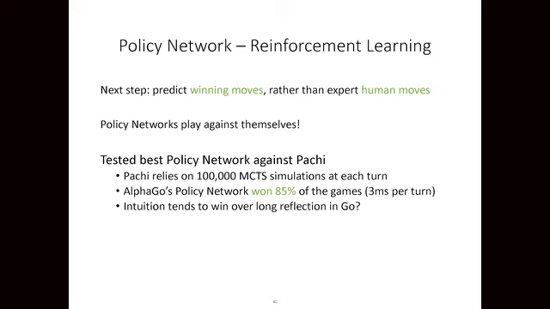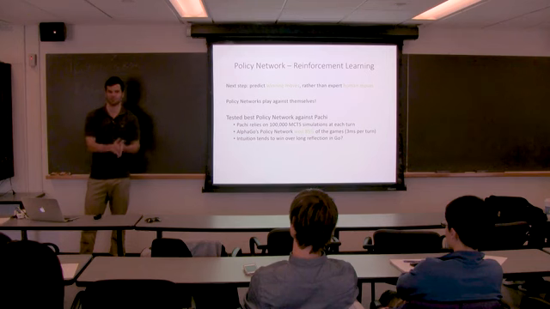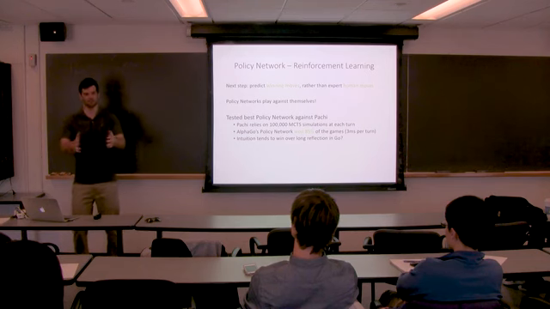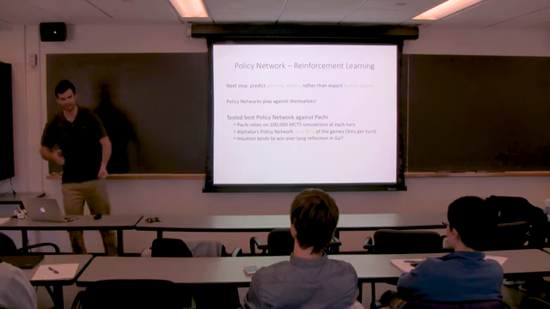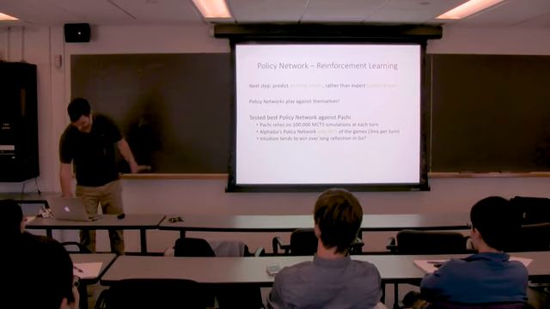So without any sort of tree search or anything involved, it won 85%, which is pretty great. And that suggests that maybe intuition wins over long reflections in Go. And interestingly, if you talk to expert Go players and you ask them why they did a certain move, they'll just say like, it felt good, or I had a hunch for this. And so that's kind of indicative there.